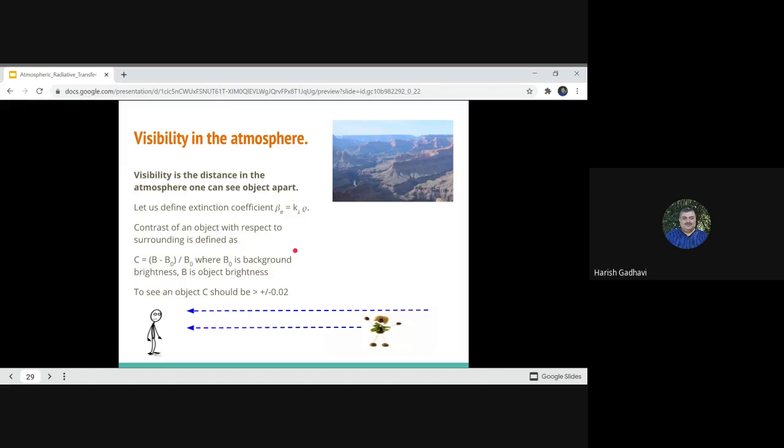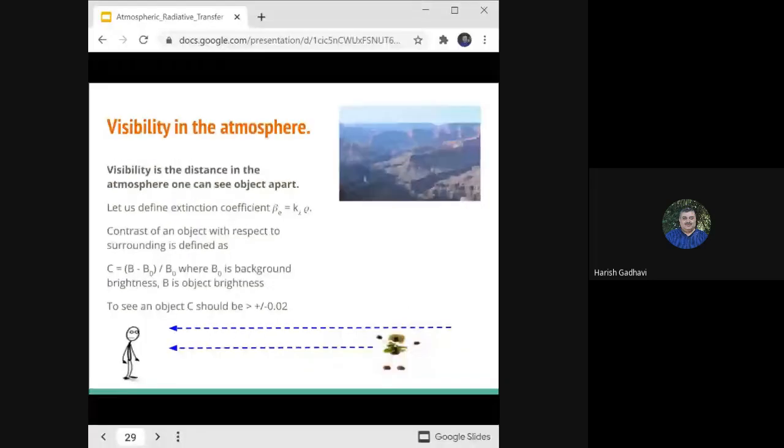What we wanted to do last time is use the real values observed over Ahmedabad and see how far you can see there.